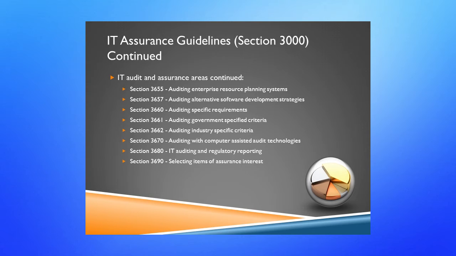Okay, so, again, software development strategies, and we might be looking at the whole software development lifecycle, that SDLC. Auditing specific requirements is Section 3660. Auditing government specified criteria. It gets us back into some of those regulations, expectations. That was Section 3661, and you're probably sitting there saying, do I need to remember these section numbers?